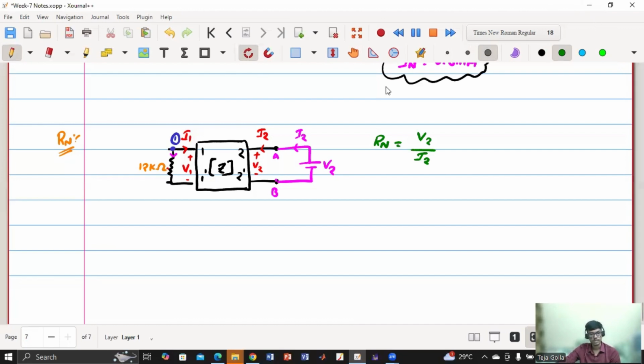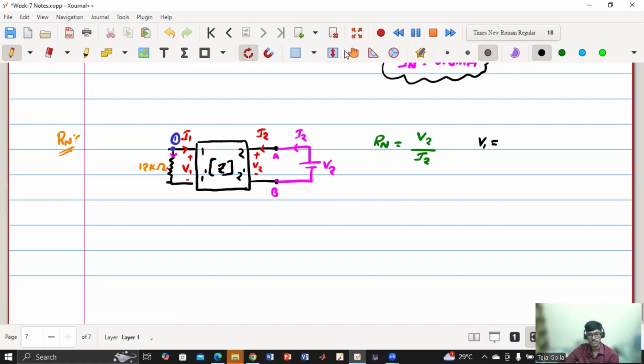Now, can you tell me what is the relation between V1 and I1 in this case? Note the current direction and voltage polarity. I1 is completely flowing through the 12 kilo ohm because the current source has been removed. What is V1 in terms of I1 and 12 kilo ohm?